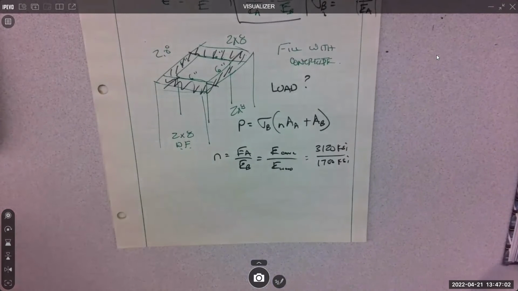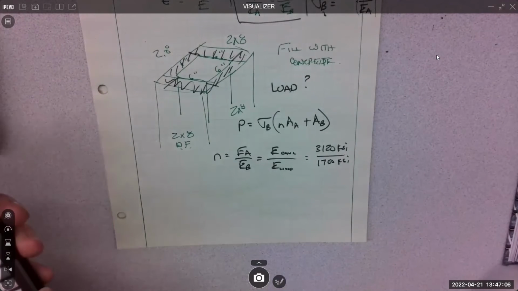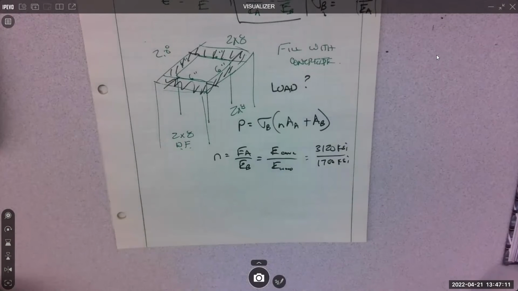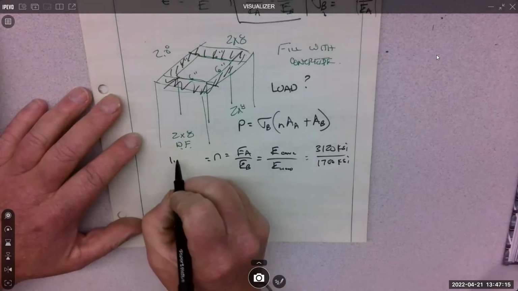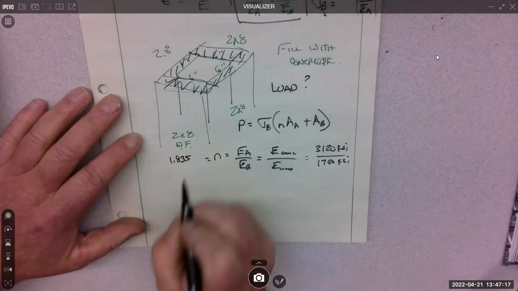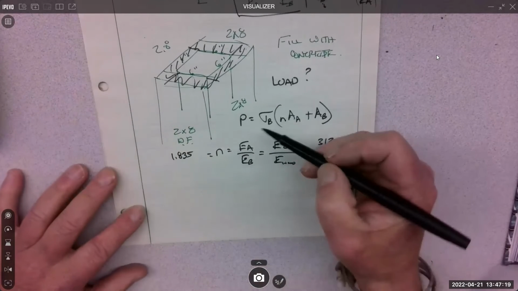So the modular ratio is 3 to 120, 1700 divided by 1.835. So that's here in.